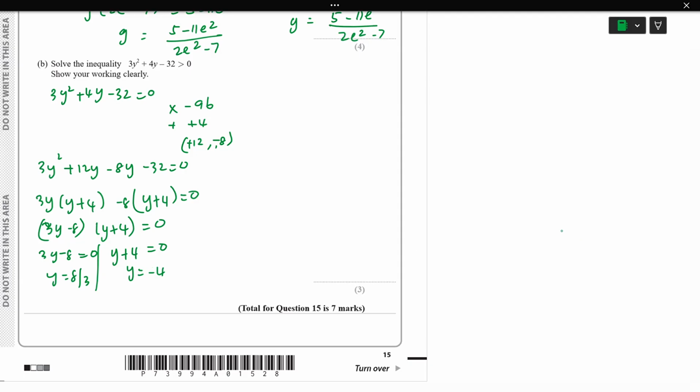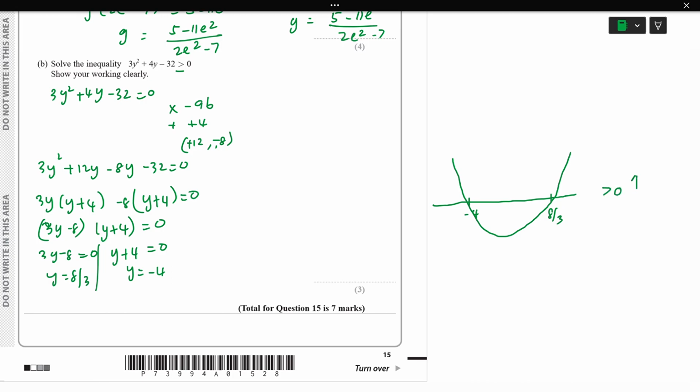We got two values, so the quadratic graph is going to be like this. So the two intercept points we got, one is negative 4 and another one is 8 over 3. The positive is going to be on the right side. The first term is going to be positive, so our graph is going to be like this. Now we'll choose the inequality. Inequality is greater than 0.